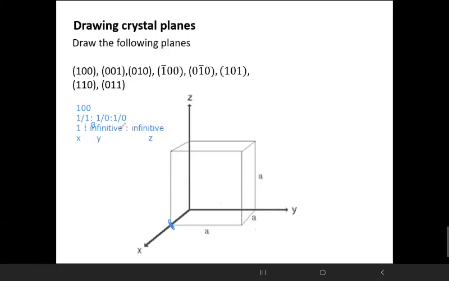So the plane lies on the YZ plane. This is the plane. Do you understand? Any doubt, please ask me. This plane lies on this plane.